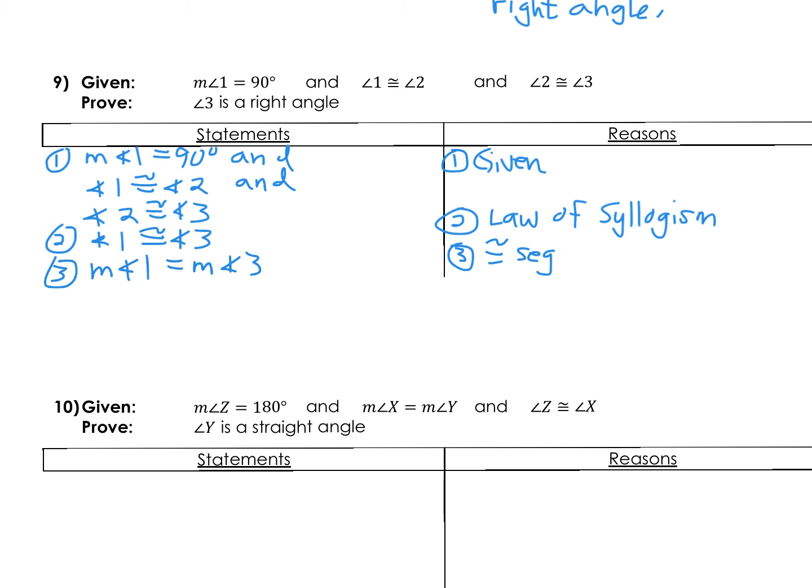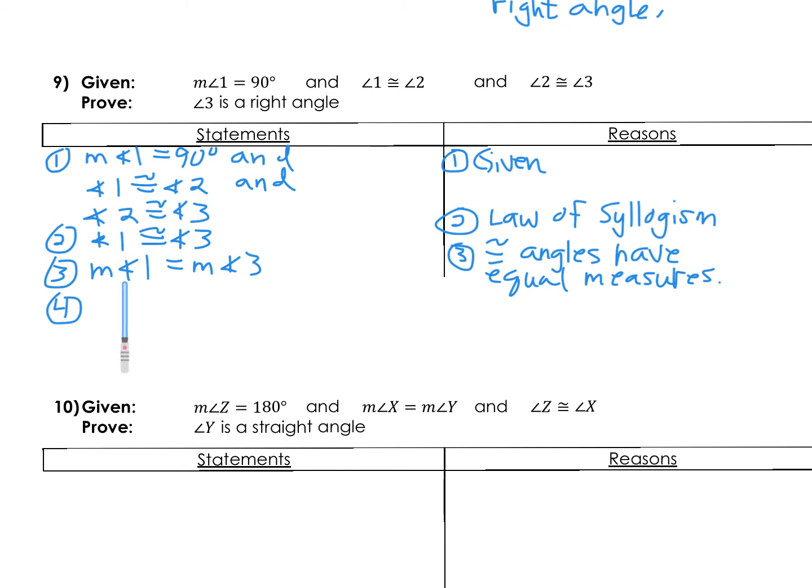My bad. Congruent angles have equal measure. Equal measures. Okay? And now in step 4, I can make that substitution.